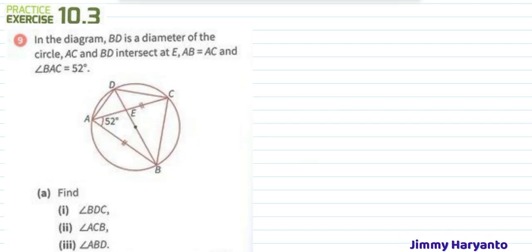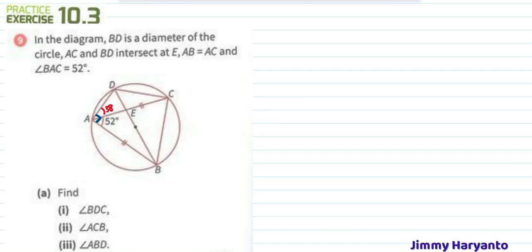Next is question 9. We'll start from this one. What is that called? Diameter. That means this one is 90 degrees, and since it's 90 degrees, I can get this one. Yeah, so 90 minus 52 equals 38. So this one is 38. Okay, what next?